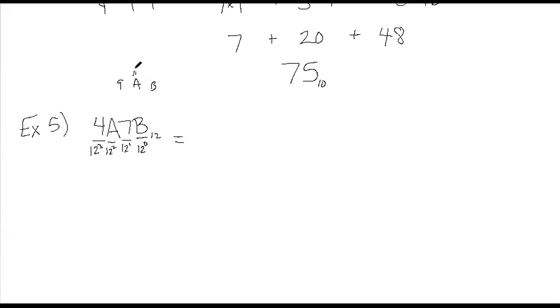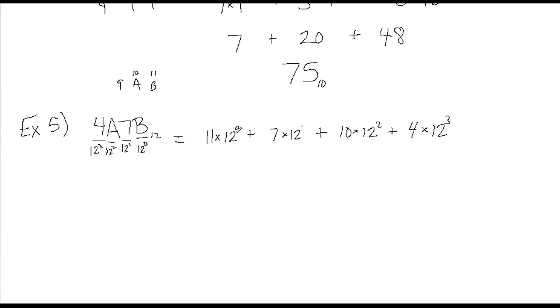So A must be 10 and B must be 11. So it's going to be 11 times 12 to the 0. And then I'll add 7 times 12 to the first power. And then A was 10, so 10 times 12 to the second power. And then 4 times 12 to the third power.